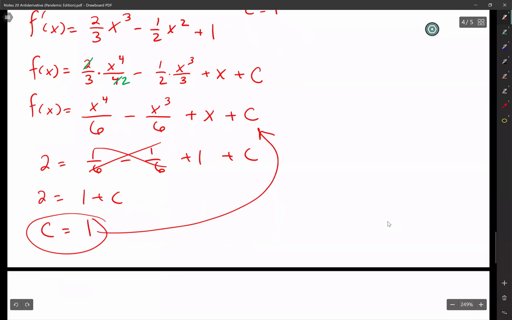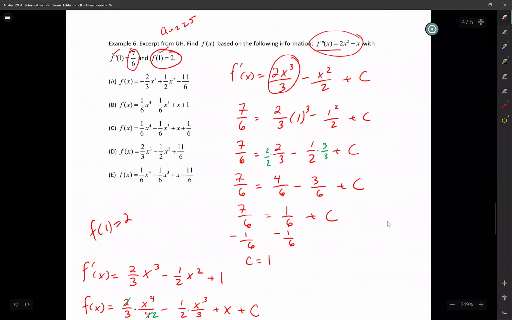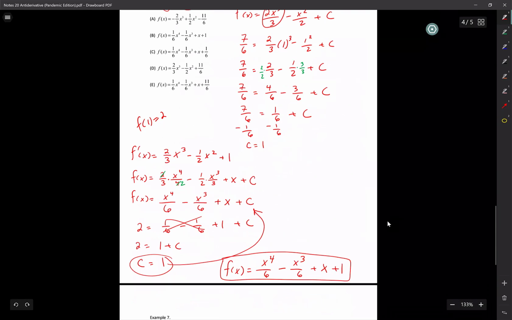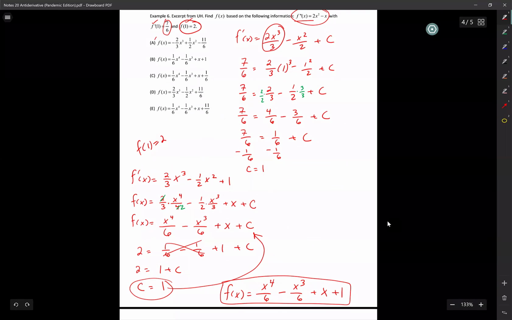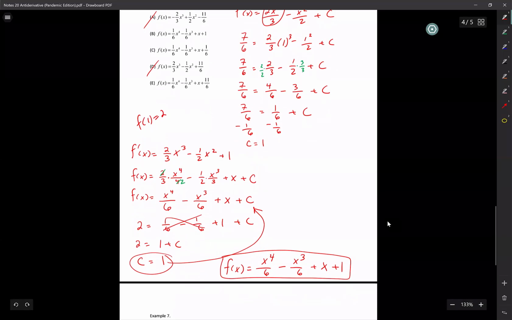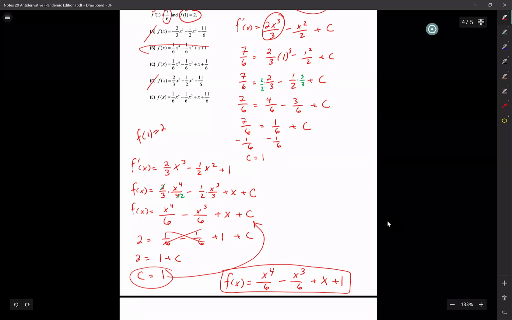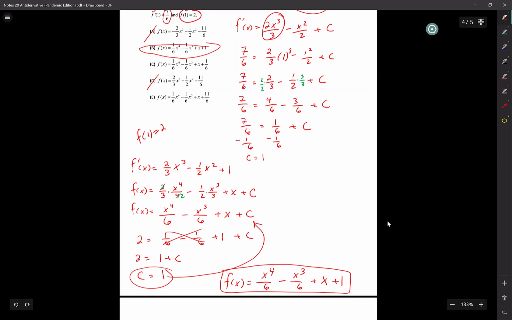So here's my equation. F of x equals x to the 4th over 6 minus x cubed over 6 plus x plus 1. And I look for that. So let's see. Let me zoom out. The first one, I would delete A and D. Just delete them. And then minus x cubed plus x. I think it's letter B.